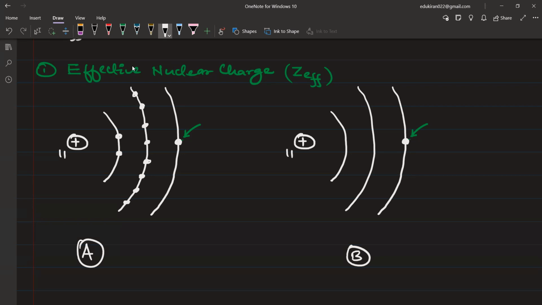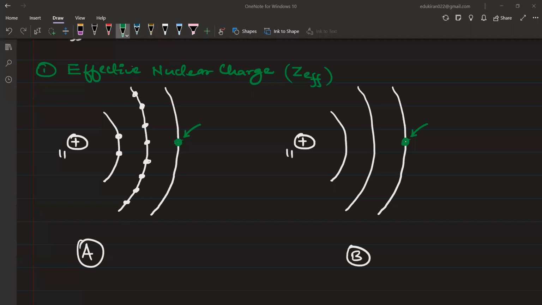Now tell me, in which of the cases will this outermost electron, this green electron here, face the most attractive force? In the A case or the B case? Please write your answer in the chat here itself. I want to see how you people are thinking here. Will the electron face more attractive force in A or B?